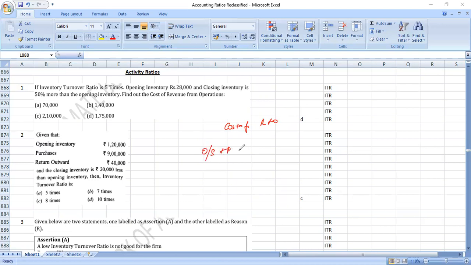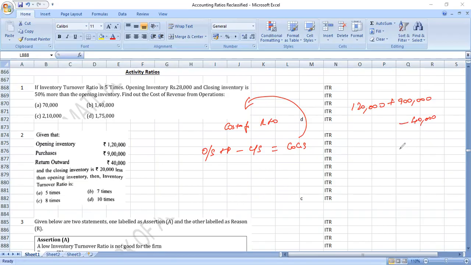Opening stock plus purchases minus closing stock is equal to cost of goods sold. So opening stock is 1,20,000. Cost of goods sold or cost of revenue from operation, same thing. 1,20,000 plus purchases of 9 lakh minus 40,000 return.